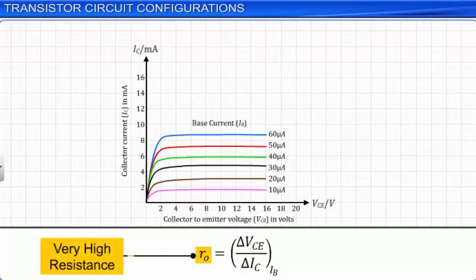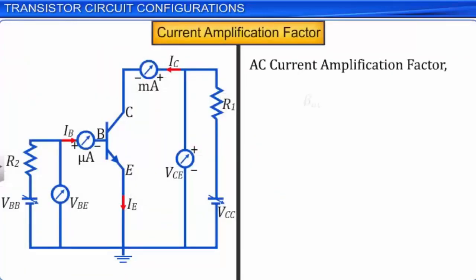The current amplification factor, beta, of a transistor is defined as the ratio of the change in the collector current, delta IC, to the change in the base current, delta IB, at a constant collector-emitter voltage, VCE. The AC current amplification factor is also known as the small signal current gain.